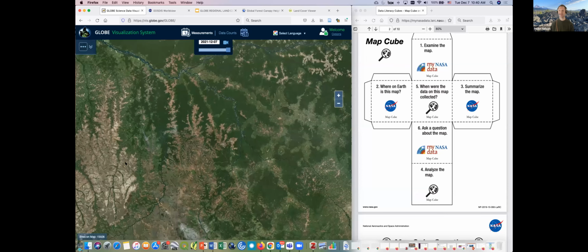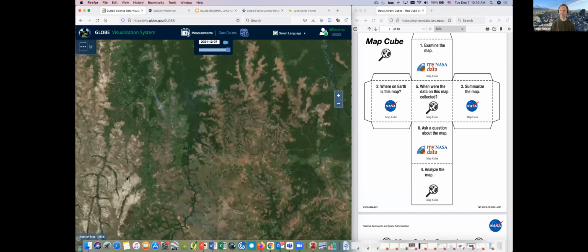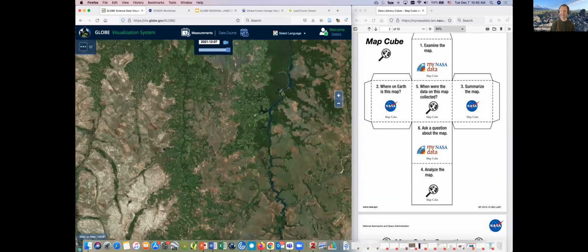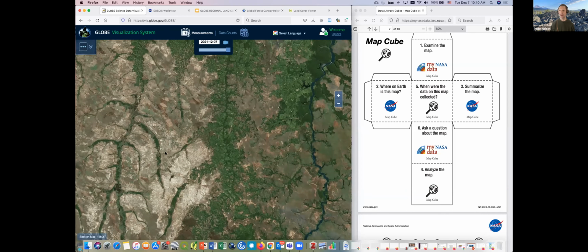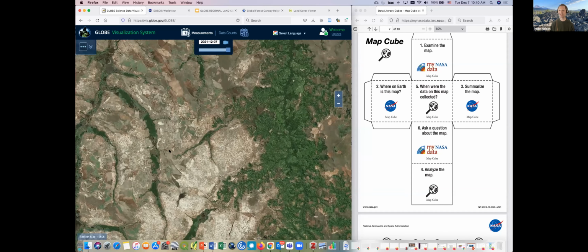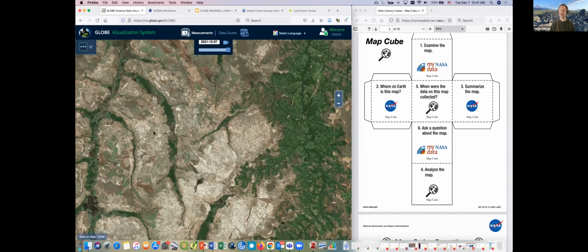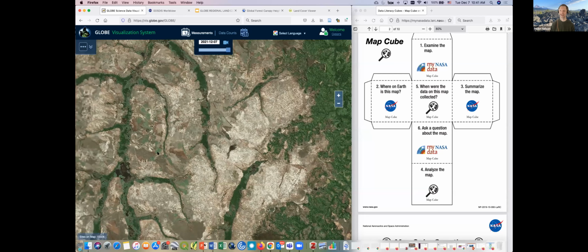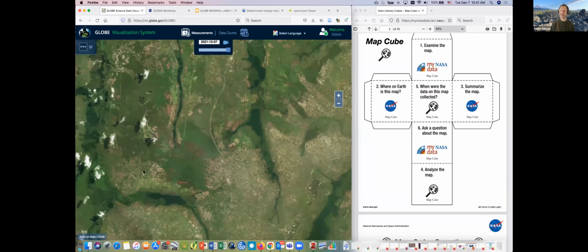In certain places, it's really obvious why those linear features might be there. In other cases, it may not be. So again, the closer we zoom in, the more detail we can get, and the more we can start to understand these patterns and textures that are there. Sometimes you get a different base map.